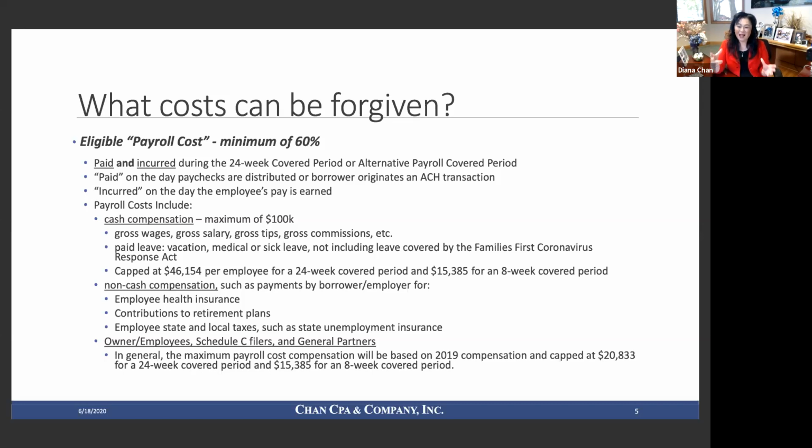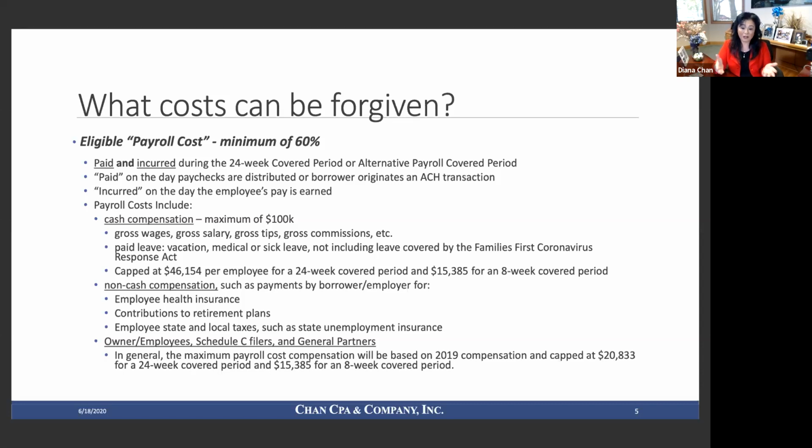Now, there's one other hiccup that you would need to understand in regards to eligible payroll cost. And that has to do with the owner-employee. An owner-employee would be, for instance, you have an entity such as a corporation or an S corporation, and the owner may be a 50% or 100% owner of that corporation.